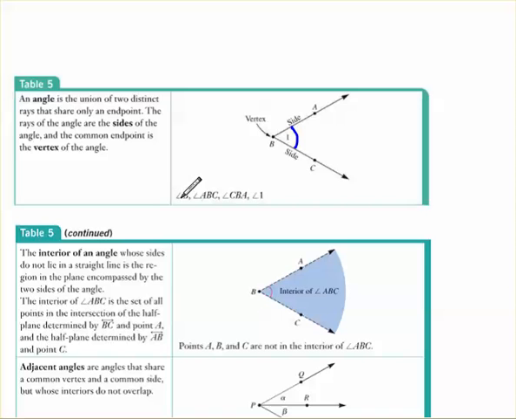Or we could name it by just the vertex, calling it angle B. Or we could call this angle ABC or angle CBA. The important thing is whenever you're labeling angles using all 3 points, the vertex has to be in the middle. That is just the way that we label them. So make sure that you're always doing that properly.